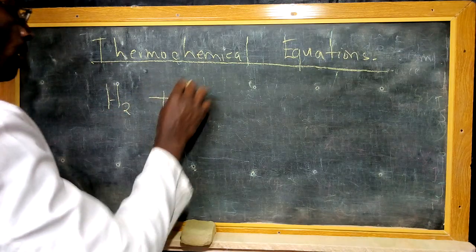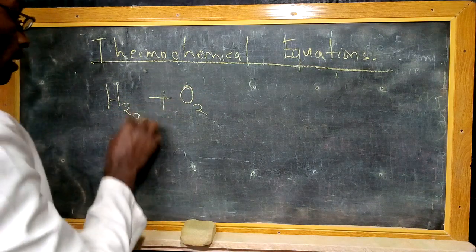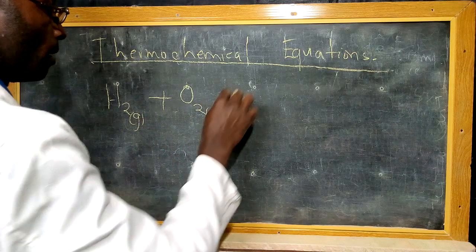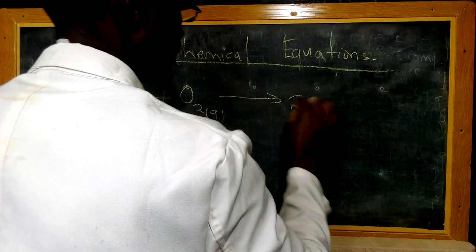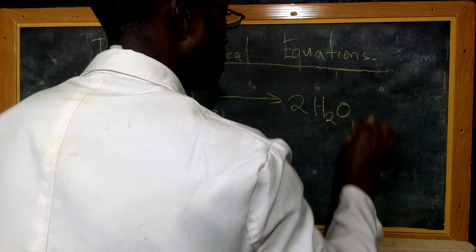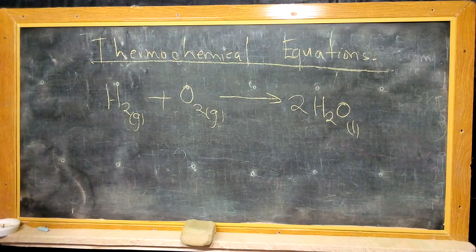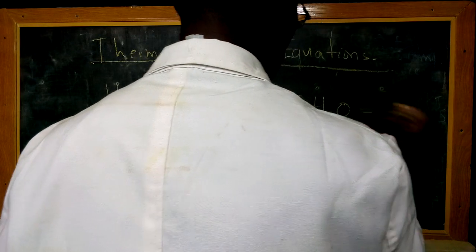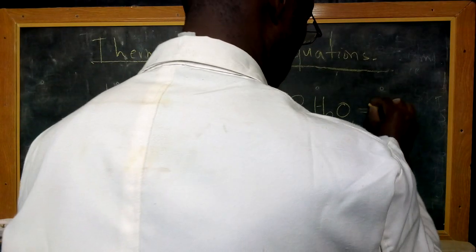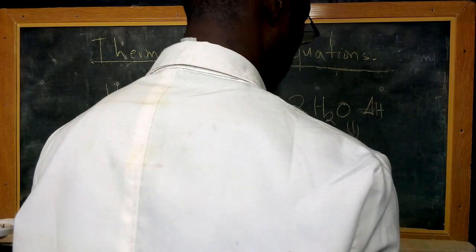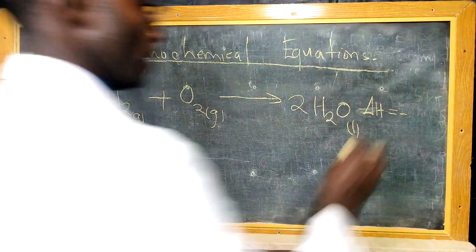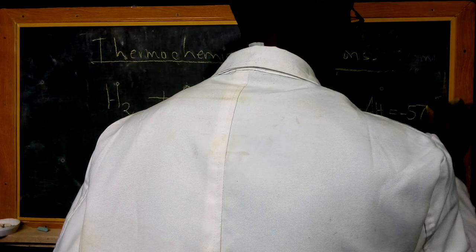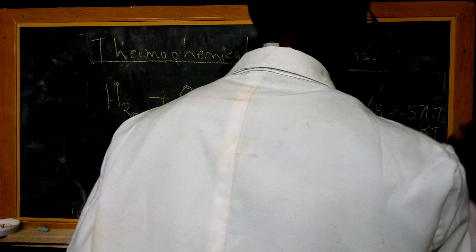Suppose we have oxygen reacting with hydrogen gas to form liquid water. The heat of reaction in this case, which is change delta H, will evolve 571.7 kilojoules of heat.